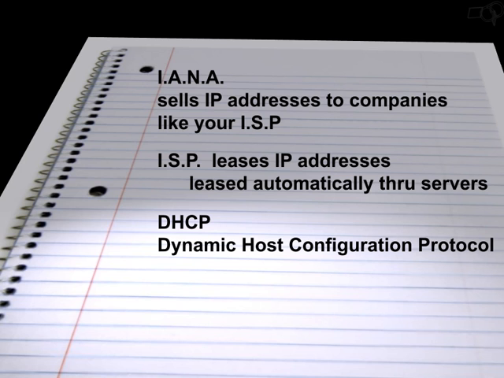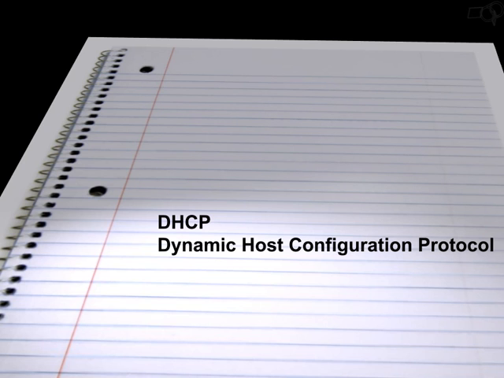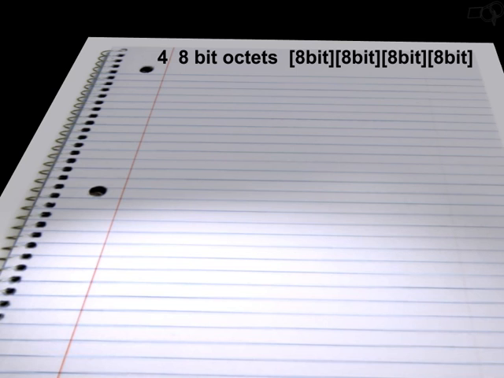Our IP addresses consist of 4 8-bit octets. What this means is 8 bits per octet times 4 is 32 bits.